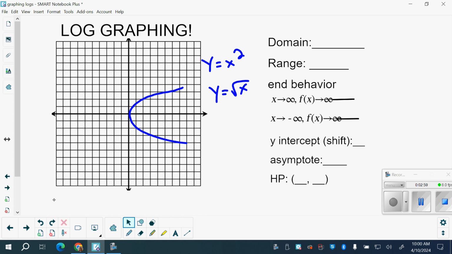One way to do these graphs would be to graph this guy. And remember when we did the inverse, I said just pick the points and flip them. If you had 0, 1, you graphed 1, 0. If you had 2, 5, you graphed 5, 2. That's how you flipped it over. So the true way that mathematicians have learned to graph logs, because they're weird, is to know this.